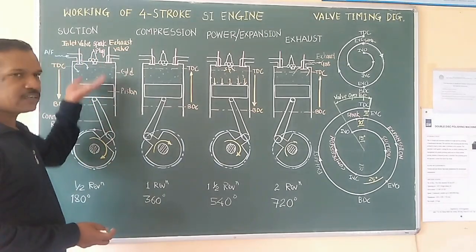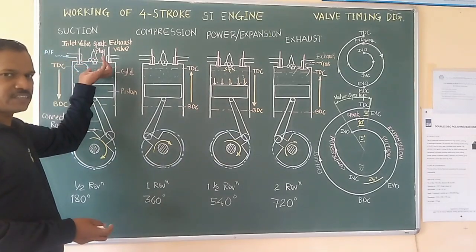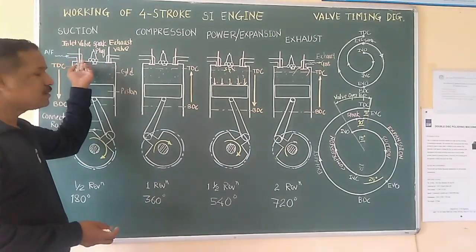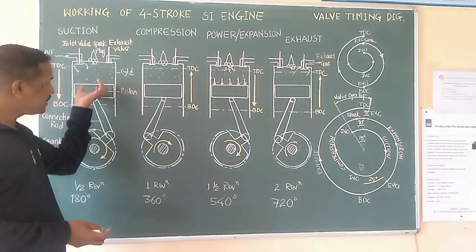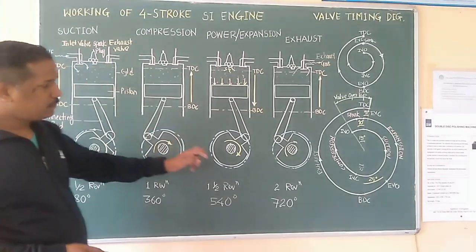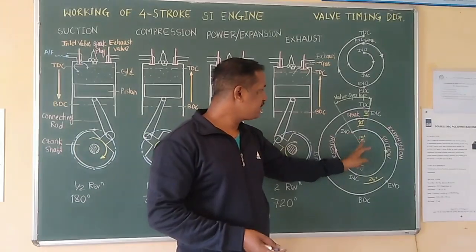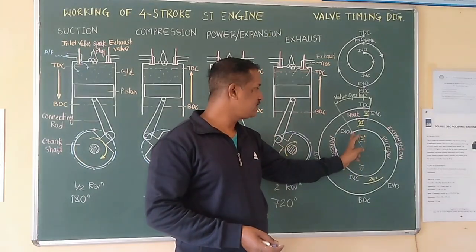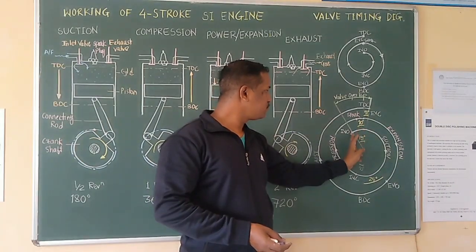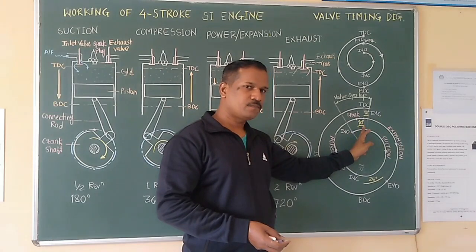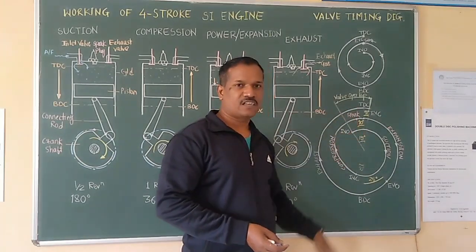Because basically we assume that the piston moves from TDC to BDC, so negative pressure is created and fresh mixture gets sucked inside the cylinder. But as per the actual diagram, we are opening the inlet valve 15 degrees before TDC. So from this point to TDC, the piston is moving upward, but we are saying suction started.